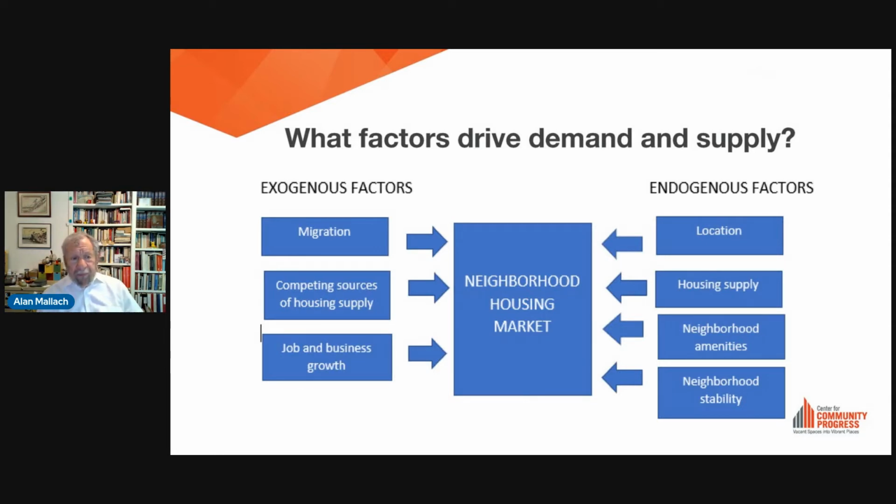Neighborhood stability is a little more complicated, but I think it's really important. It doesn't mean that nobody leaves, nobody comes in. It means, do people who are prospective home buyers feel that the neighborhood is a stable investment, that it's not going to collapse?